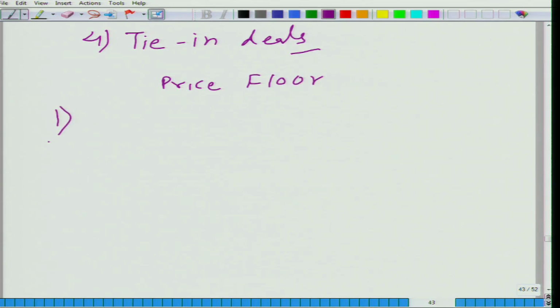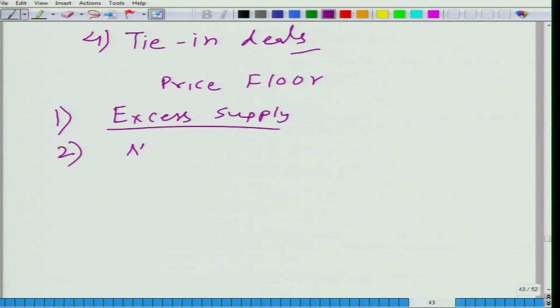Here you get excess supply, then you have a non-market rationing mechanism again here also.